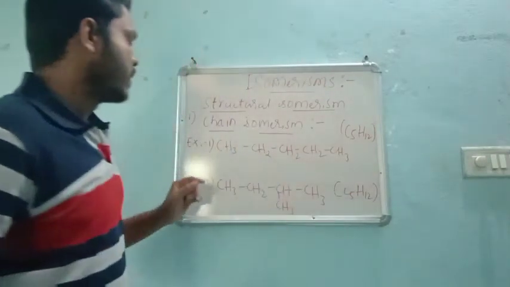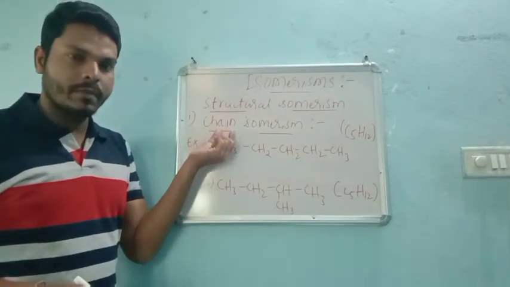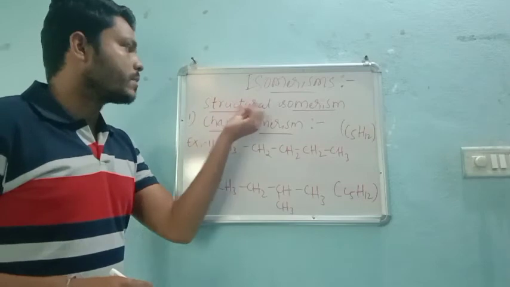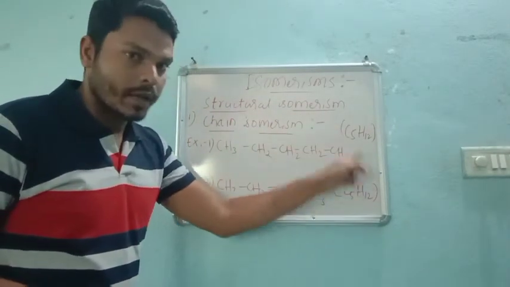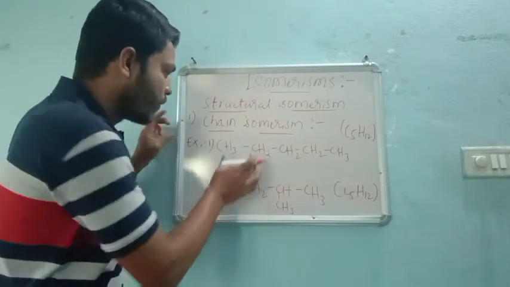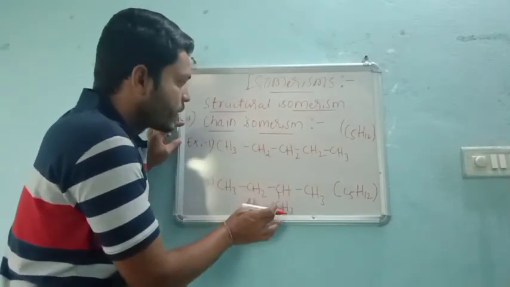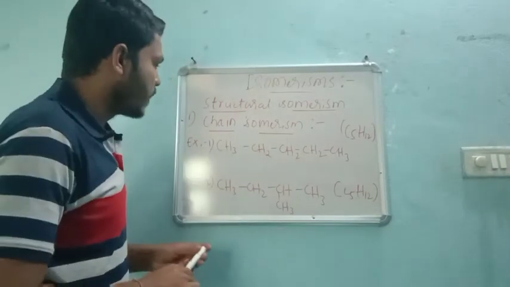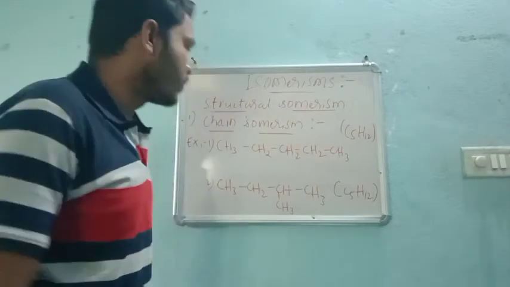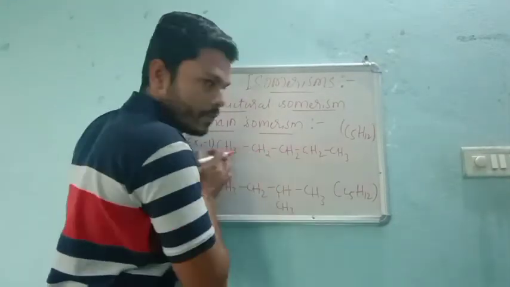I will define it again now. Chain isomerism is a class of structural isomerism having the same molecular formula, if they differ in their chain. If they differ in their chain, then those are called chain isomerism. Now see the chain.